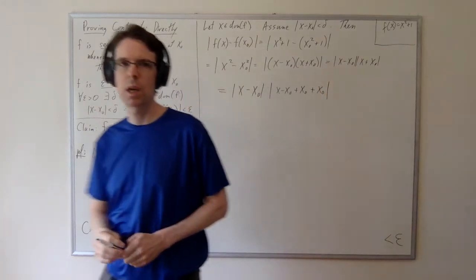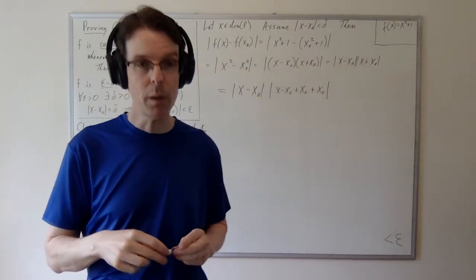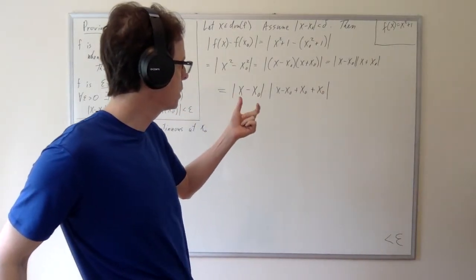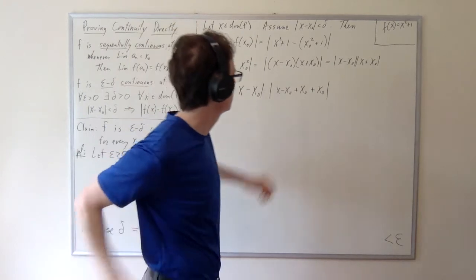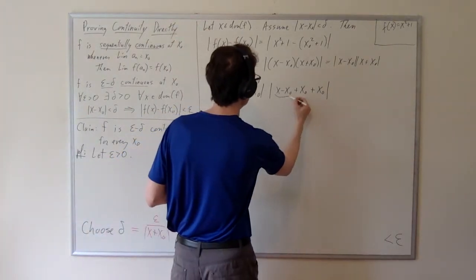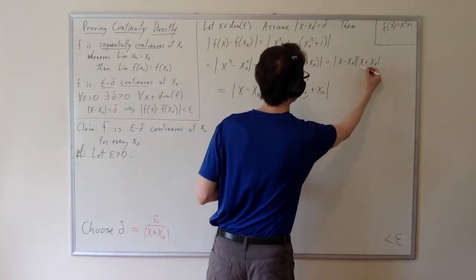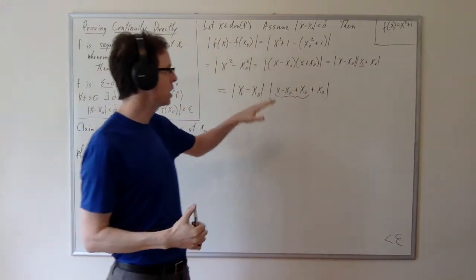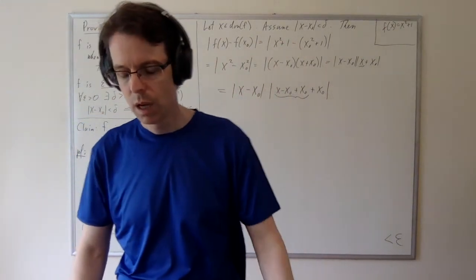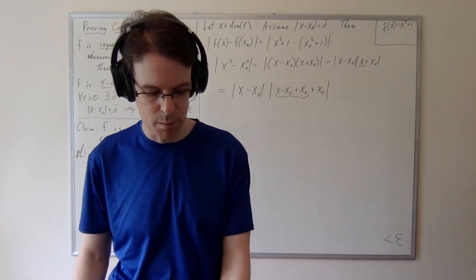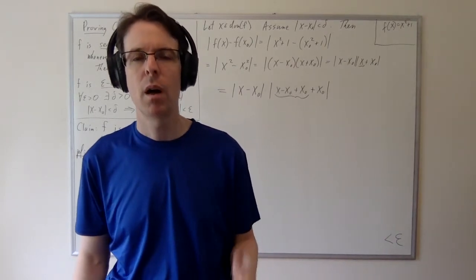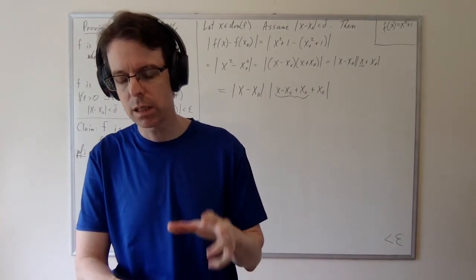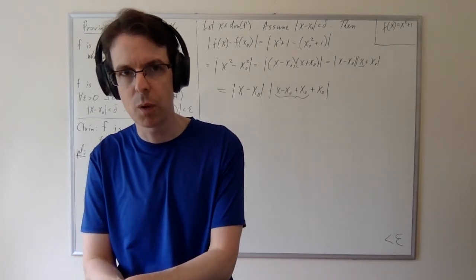So basically what I'm saying here is that x is about x naught, but the difference is x minus x naught. So all of this stuff is this single x here, right? I've opened that up to x minus x naught plus x naught. Now the reason this should occur to you, though it might seem like a magical step, is because x is something we cannot let delta depend upon.